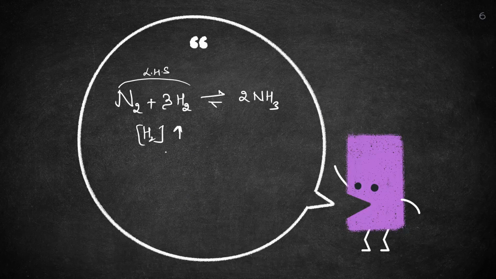Let's have a look. If you increase the concentration of hydrogen, there is an imbalance in the equation. The equilibrium is disturbed. So nitrogen and hydrogen are going to react faster so that more product is formed and the extra hydrogen that was added is utilized.